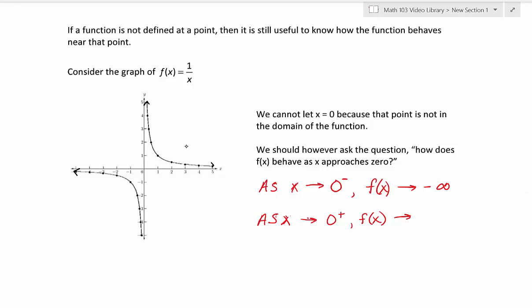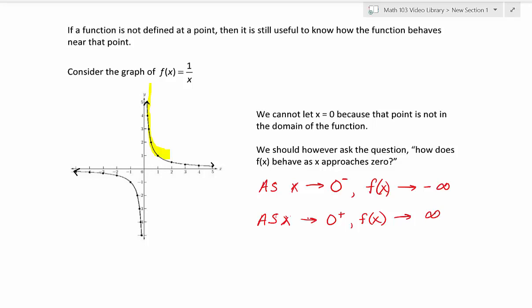Notice that the y value is getting larger and larger. The y value is approaching positive infinity. Again, the graph is never going to cross the y-axis. x equals 0 is not in the domain.